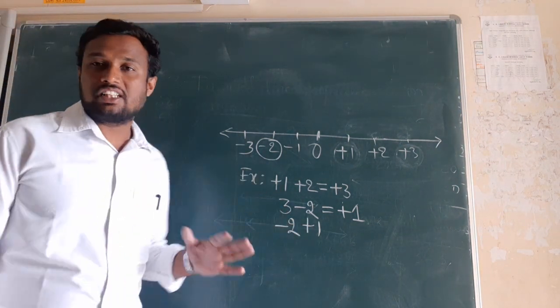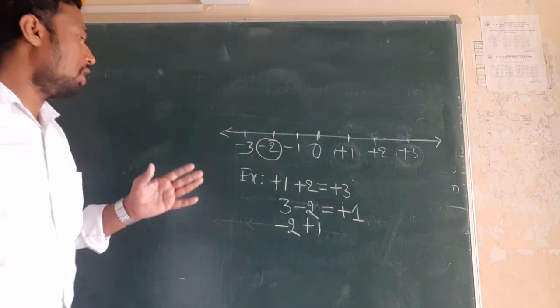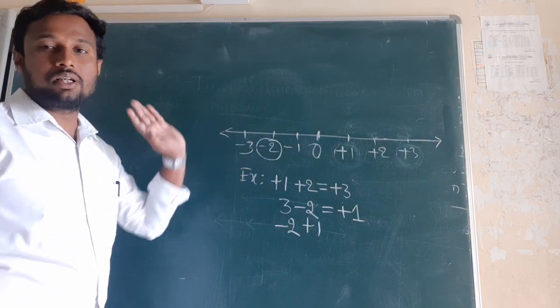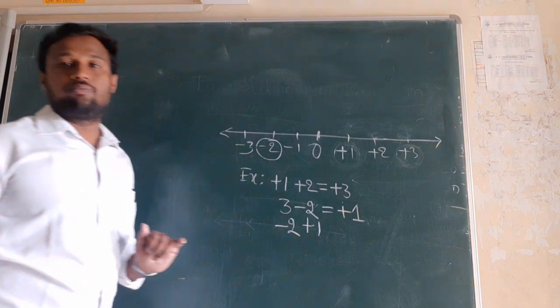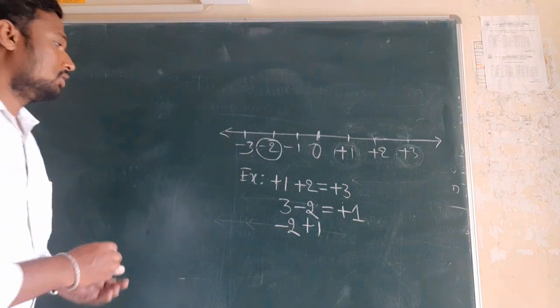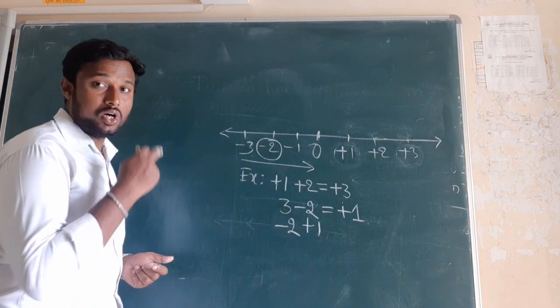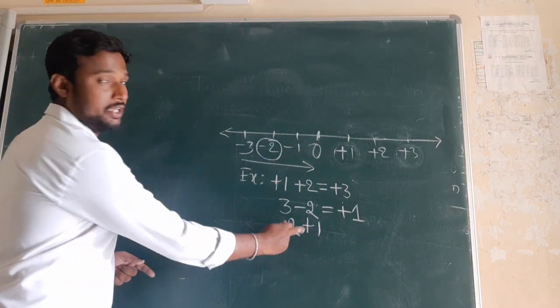Just now, in the first example, I told that when you are adding, you have to move towards the right hand side of this number line, or towards the right part of this number line. So how to move now? Just you have to move towards the right direction because you are adding here. How many times are you adding?